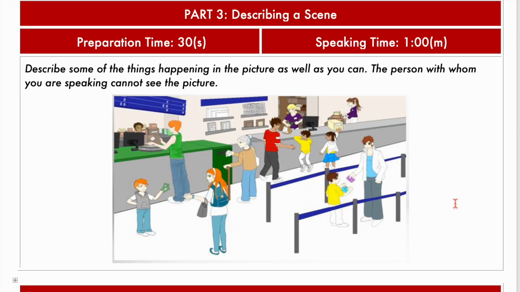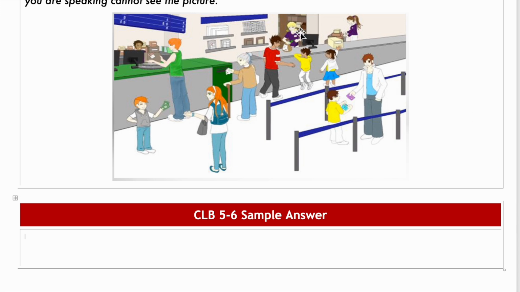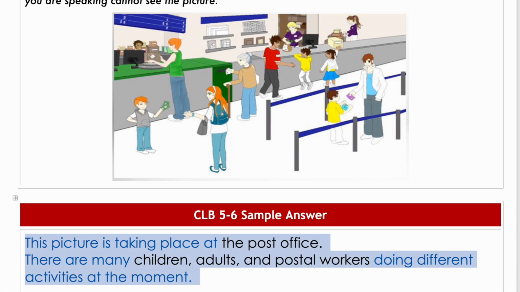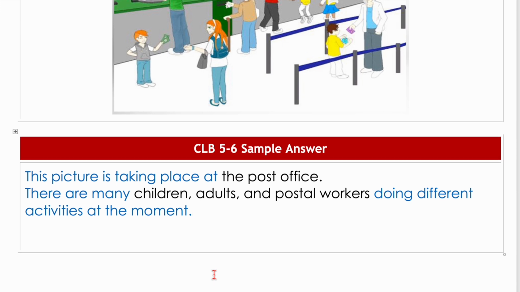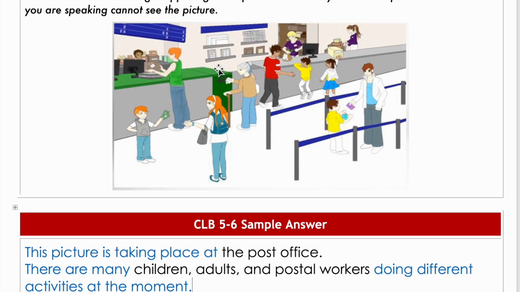All right, here we have the picture. And we need to start off by introducing the question. So we should always start by saying where the picture is taking place. So this picture is taking place at the post office. Okay? And then we should always say, what kind of people do we see there?